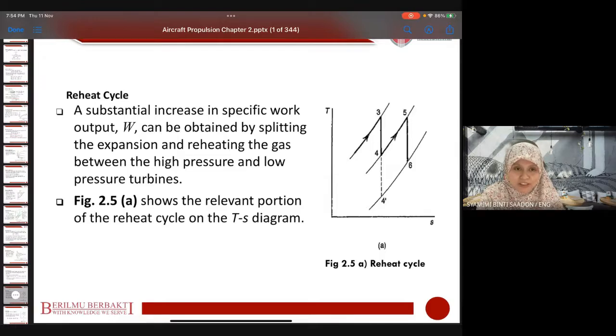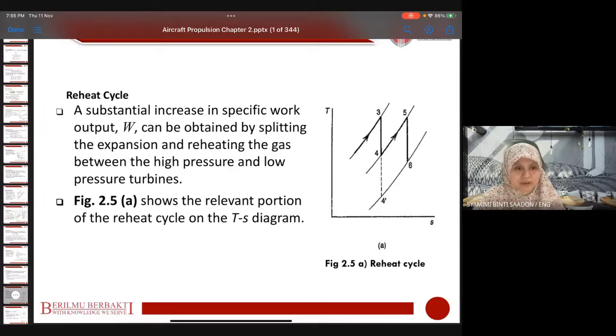So the expansion in the high pressure turbine is from 3 to 4, and then the working fluid is being reheated. Heat sekali lagi in an afterburner, for example. Sometimes in the turbojet we have an afterburner, or turbofan also sometimes. It means that the fuel is being burned one more time, reheating the gas 4 to 5, and then expanding it again 5 to 6 in the low pressure turbine.